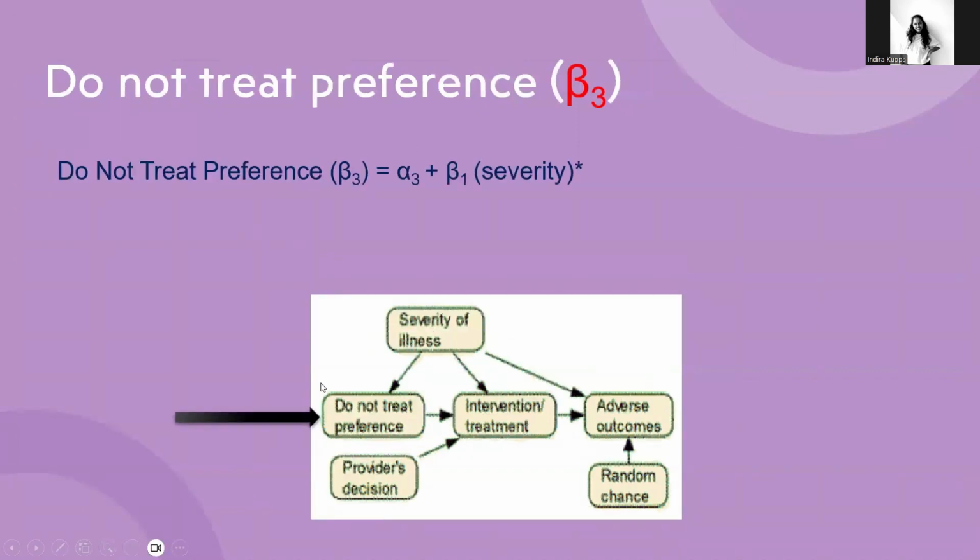Coming to the do not treat preference in the network, we labeled it as beta 3. As we can see through the network, it has a parent, severity of illness. The equation goes like this: alpha 3, its overall constant, plus beta 1 times severity. The value of severity can be varying, and we do not know the value as per the given question. Hence, we just write it as severity and an asterisk.